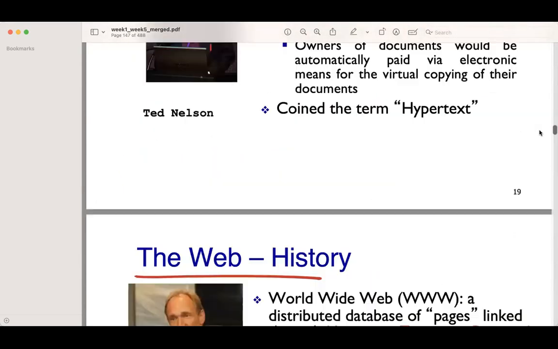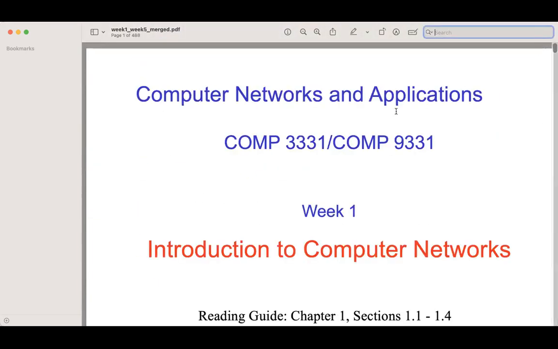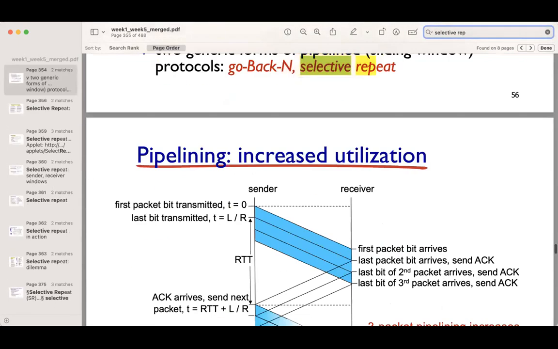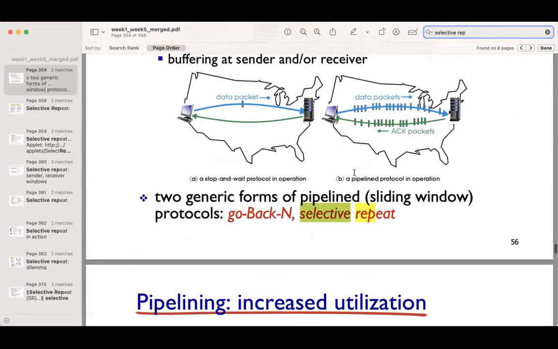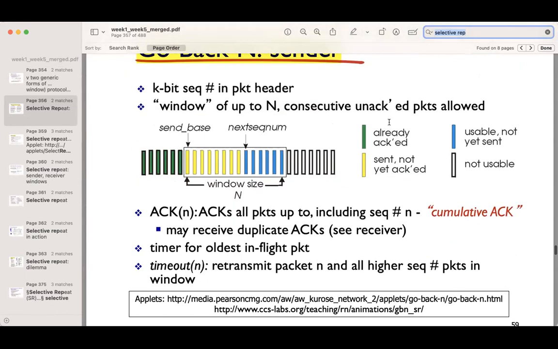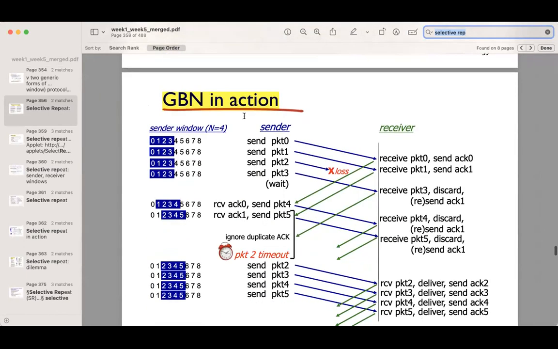If I have any question regarding, let's say, selective repeat, I can quickly find the answers by searching this keyword. Then I quickly find the lecture slides, have a look, and try to answer it.